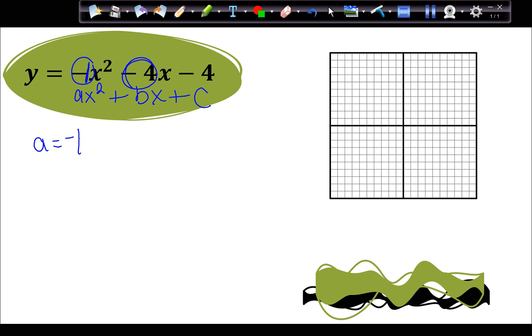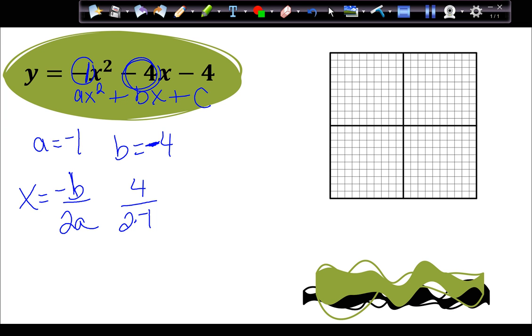And my b value is going to be negative 4. So now when I'm plugging into this formula, this is where we have to be careful. I put the negative in front of the b, and my b value is already negative. So that's going to give me a positive 4 over 2 times negative 1.